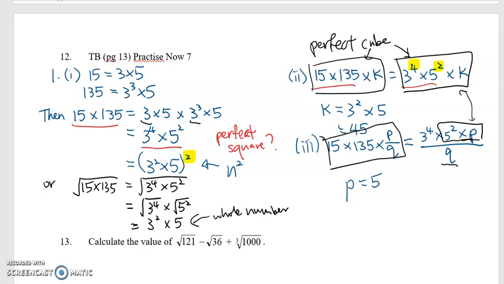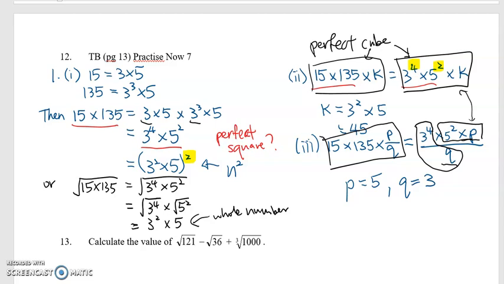Then I can let Q be 3 so that 3 to the power of 4 divided by 3 will give me 3 cube. Ultimately I will get 3 cube times 5 cube, which is a perfect cube. I'm not going to make P and Q bigger to try and fit the cubes in. The easiest possible way is to do this.